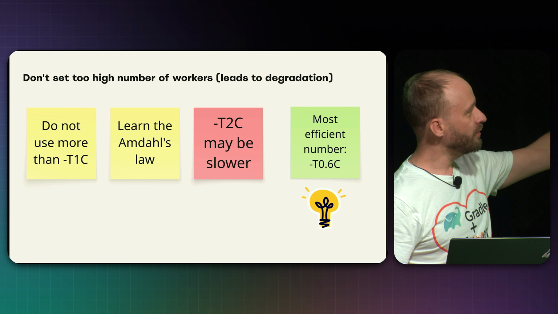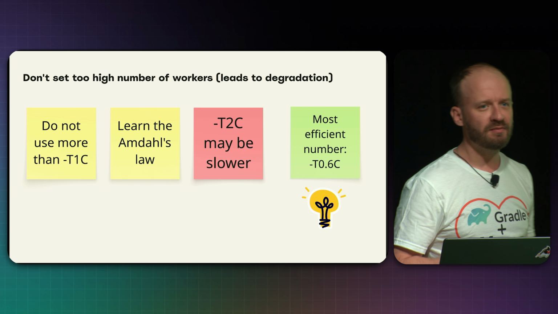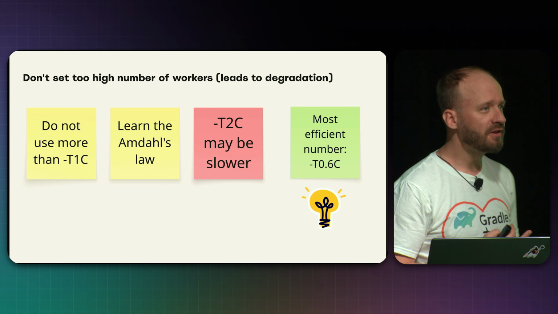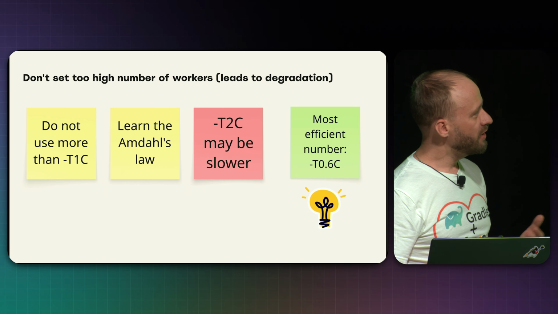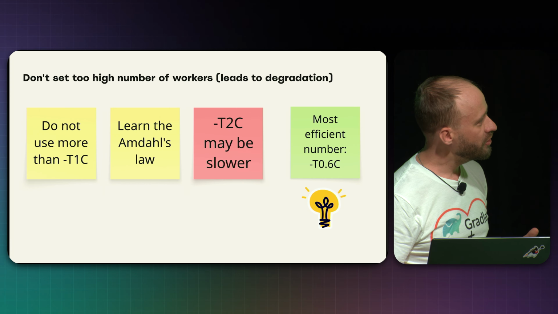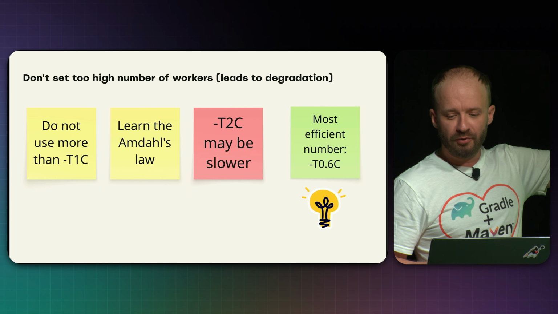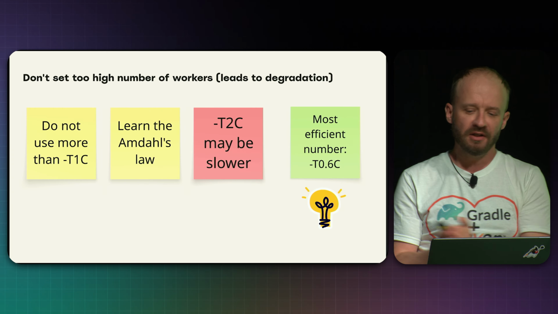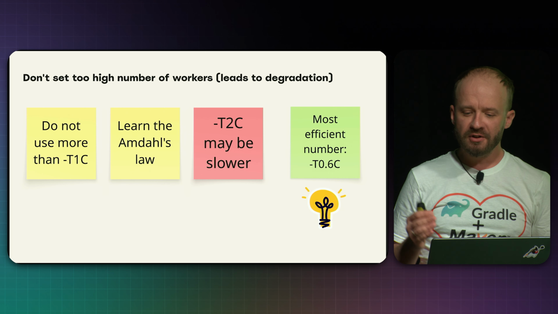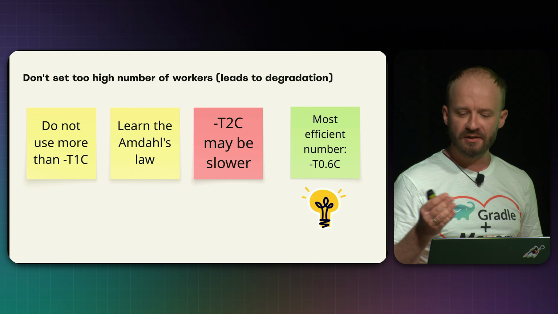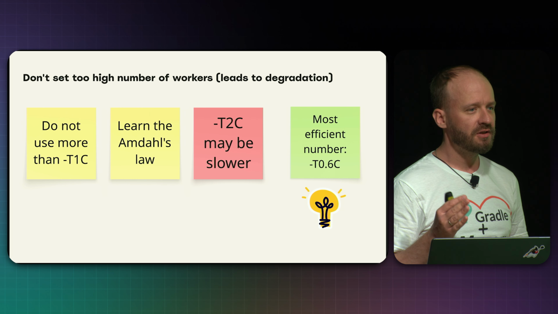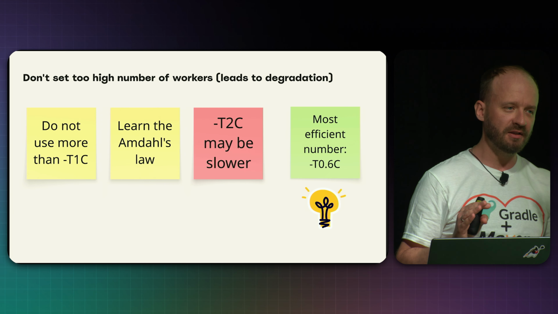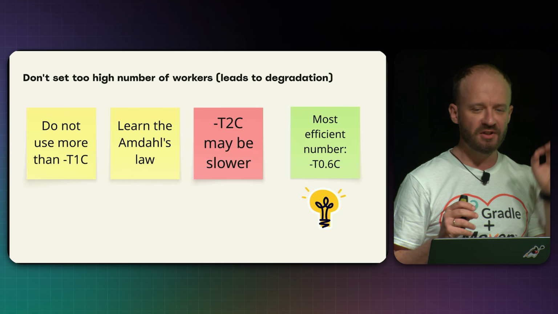Also, you can learn Amdahl's law, which is a theoretical explanation of the limited scalability of concurrent applications. And from my personal experience, which is very similar for Maven builds and Gradle builds, the most efficient number of cores is around half of the cores. Your experience may be different, but it's less than the number of CPU cores.